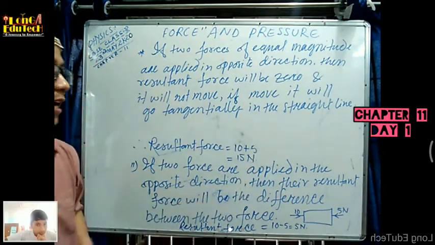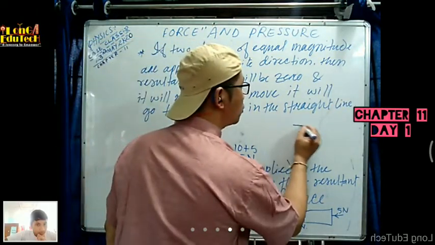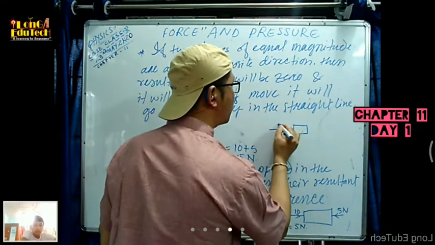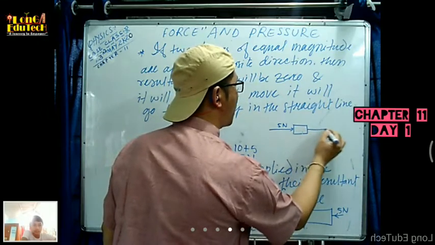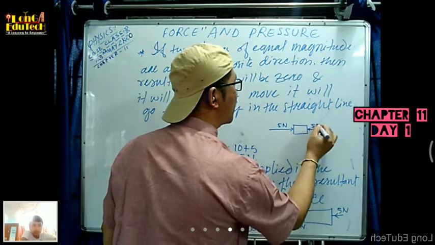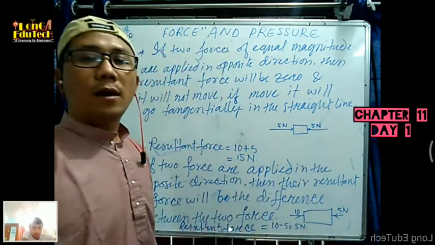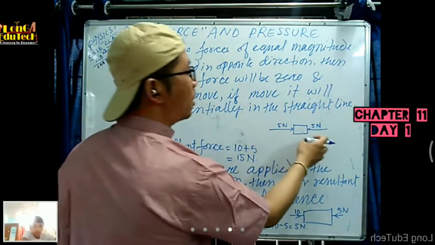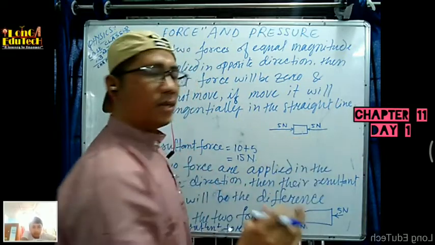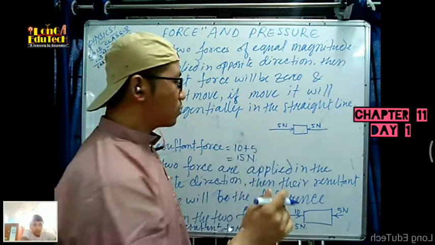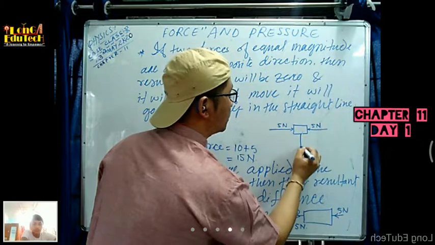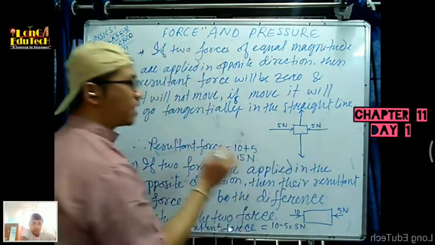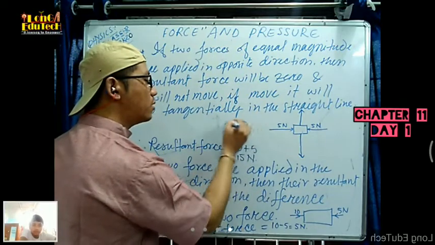And tangentially. Tangentially means, see here, these two forces. Here you are applying 5 newton, and your friend is also applying 5 newtons. If these two forces are equal, then the object will not move like this, it will never move. But when it moves, it is like this or like this. Tangentially means tangent.